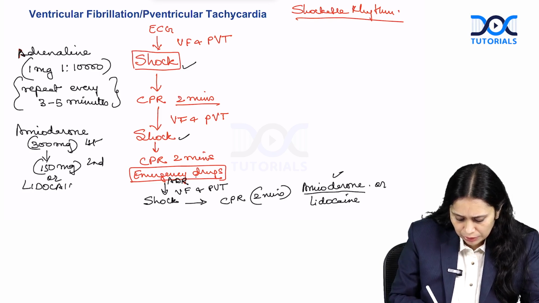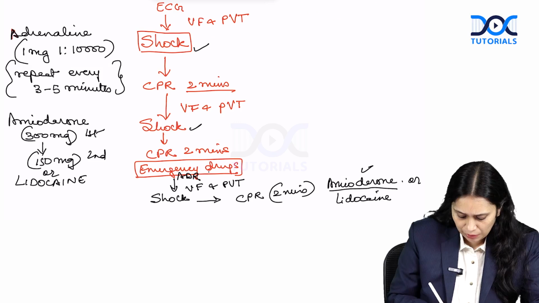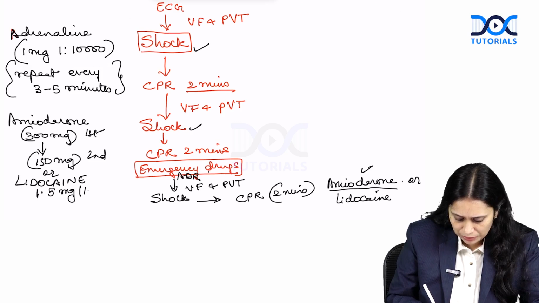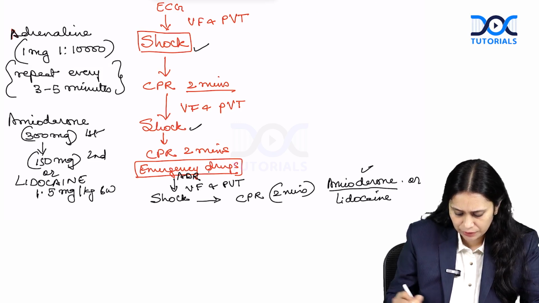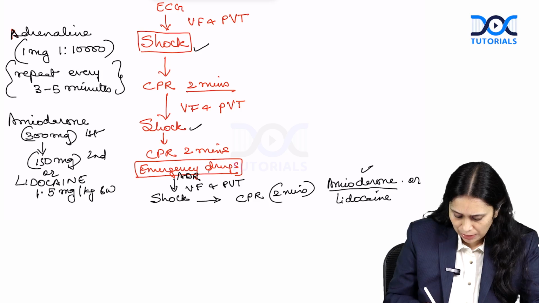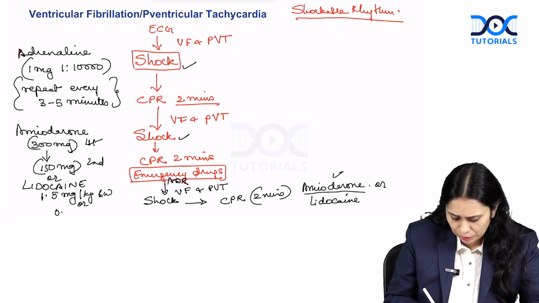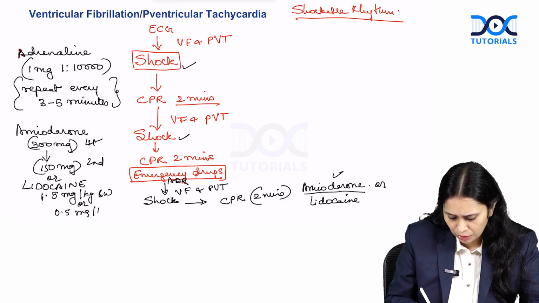Now lidocaine, what is the dose? The dose is 1.5 milligram per kg body weight. This is the first dose of lidocaine. And if we want to repeat the dose, I will repeat 0.5 milligram per kg body weight.